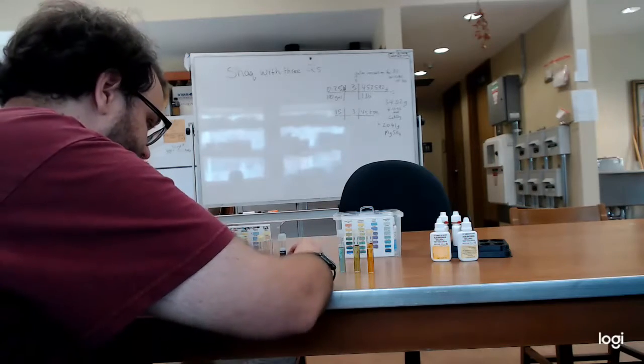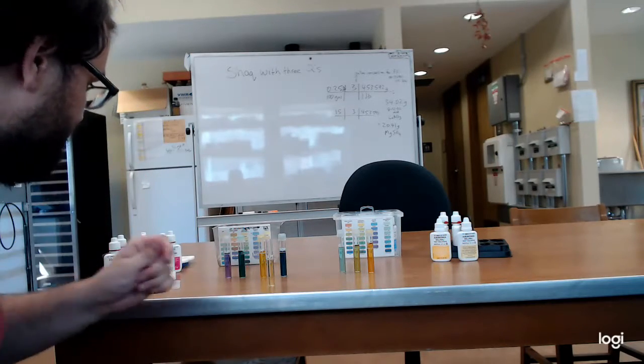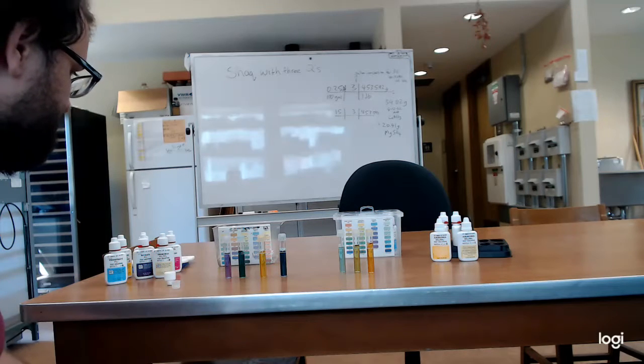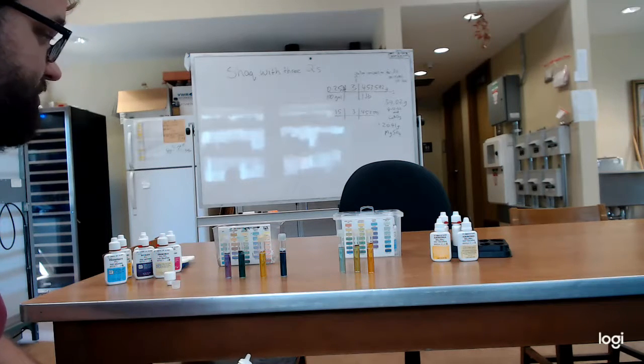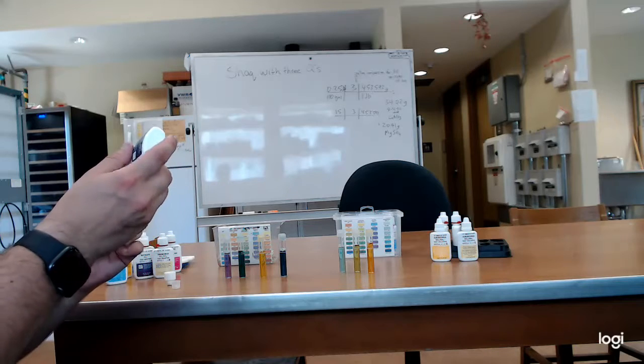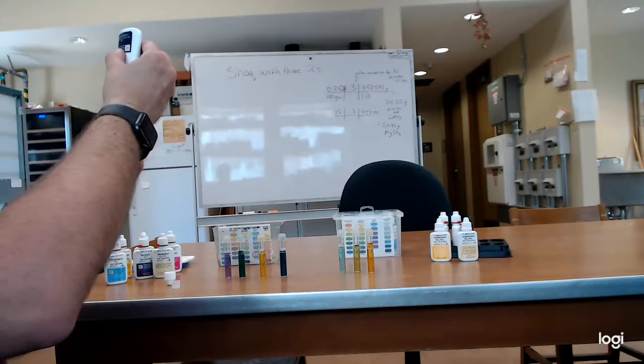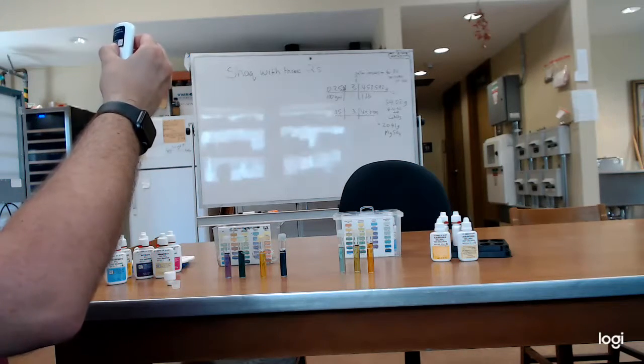Alright guys, so in order of tests we did, we started with nitrite, and then we went to ammonia, and then we went to nitrate, and then we went to phosphate. Nitrate and phosphate are the two plant available forms.